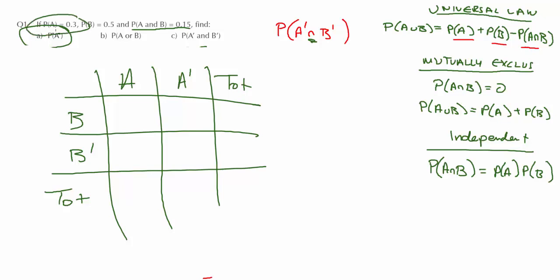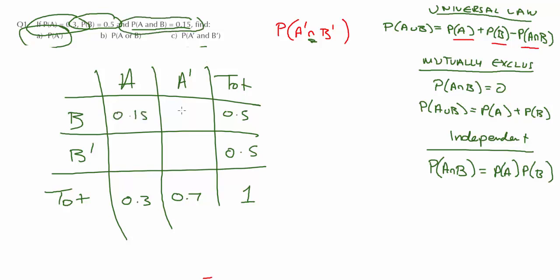All probabilities add to 1, so I know the probability of A is 0.3, which means that's 0.7. Probability of B is 0.5, which makes that 0.5. I know the probability of A and B is 0.15, and that means I can do the rest of the table just by making sure the columns and rows add up.